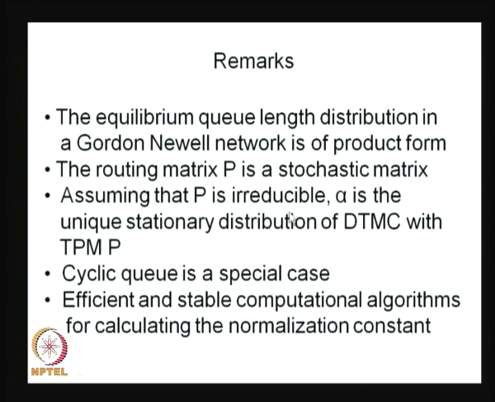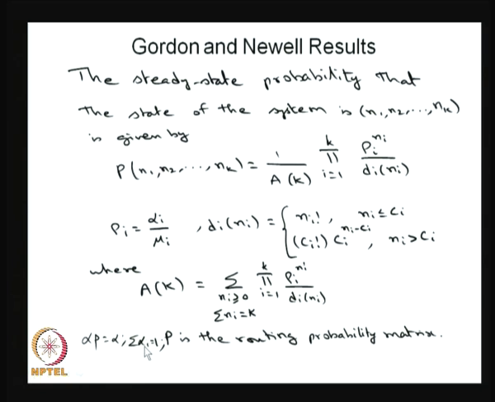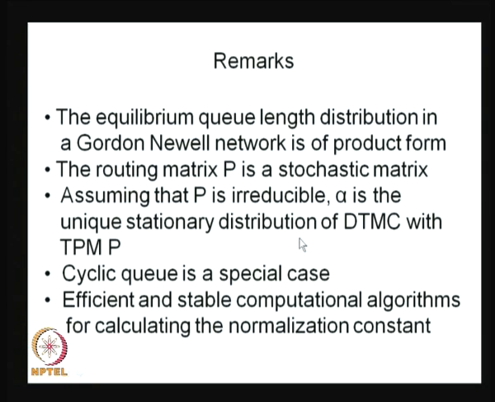Suppose you assume the underlying DTMC is irreducible, then solving alpha P is equal to alpha and the summation of alpha is equal to 1, the alphas are nothing but the unique stationary distribution. This is valid for the cyclic queue also.